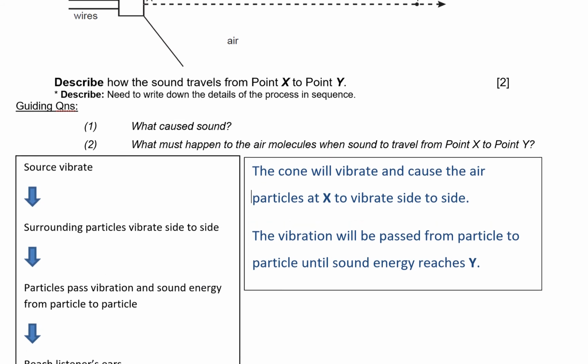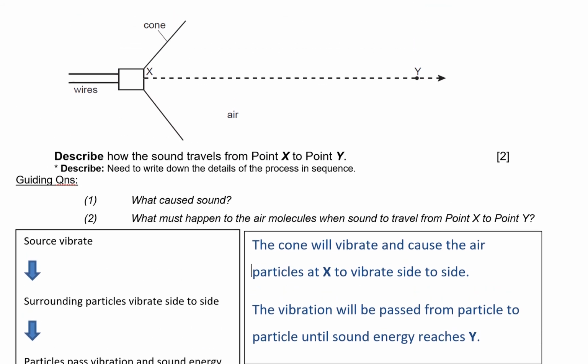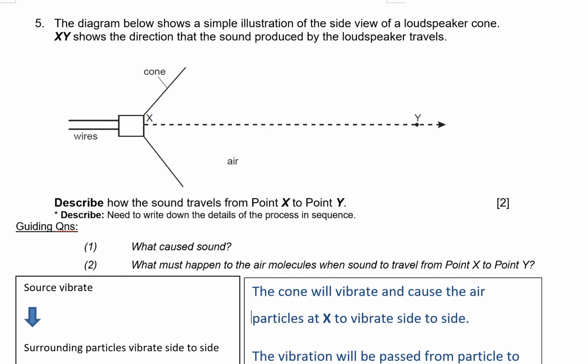So in this case, the context of the question talks about the cone, and it also says to describe how the sound travels from X to Y. So X is here, Y is here. They also talk about a speaker cone. So this is the context. So when we answer, we try to put this into our answer.